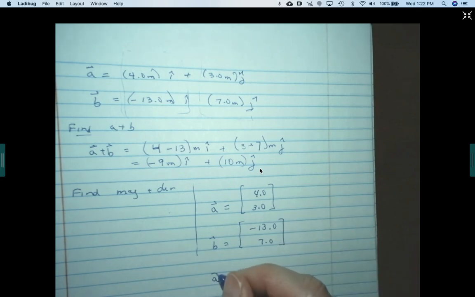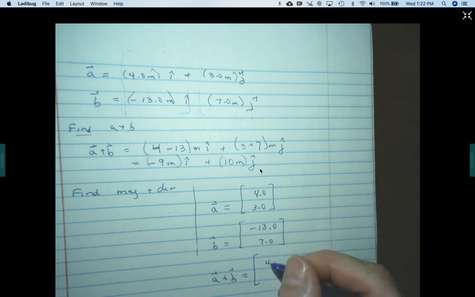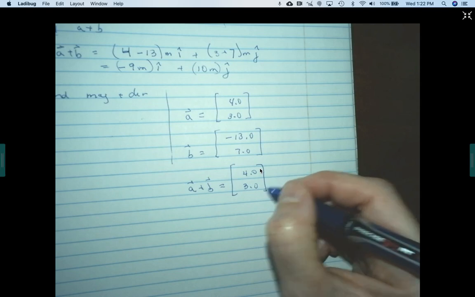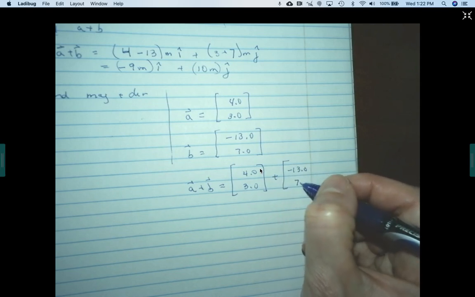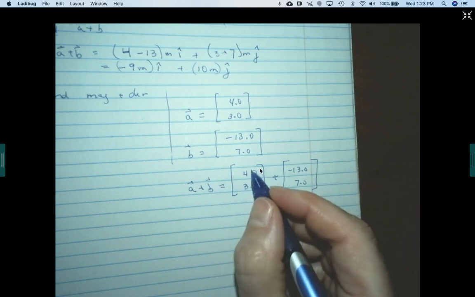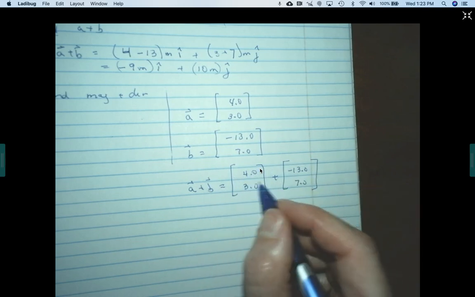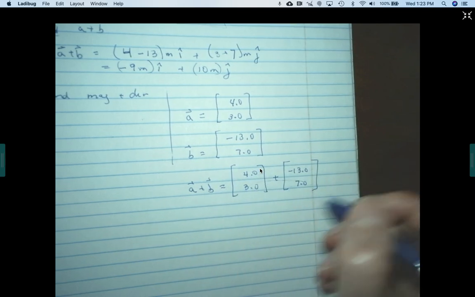So if we wanted to do our sum using column vector notation, we would have A, 4.0, 3.0, plus B, which is minus 13 and 7. And then when we sum, we just sum across this row and across that row.